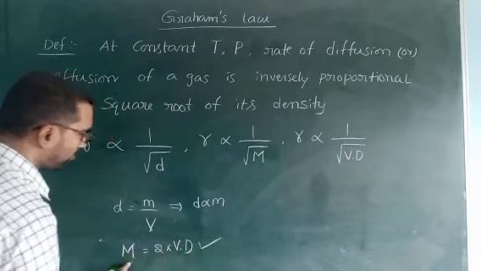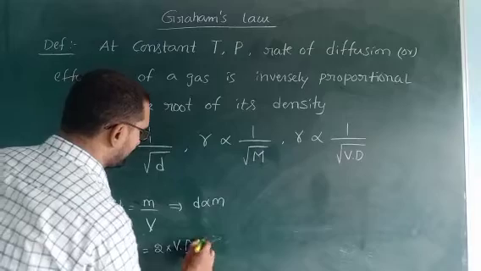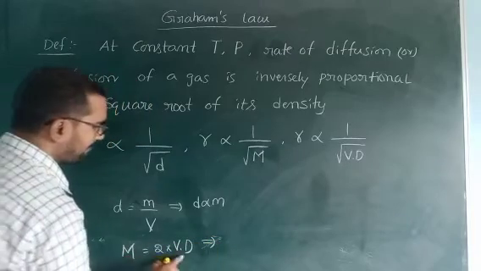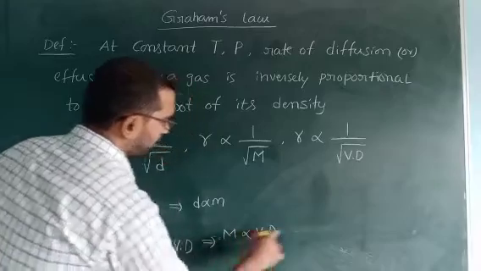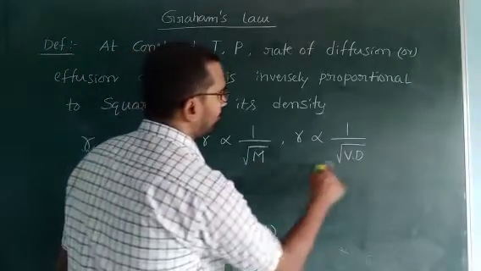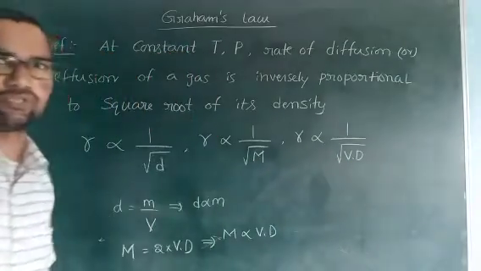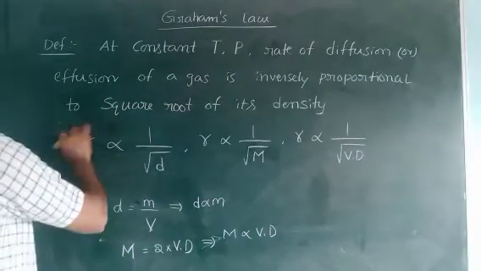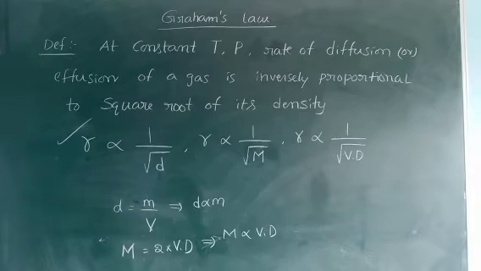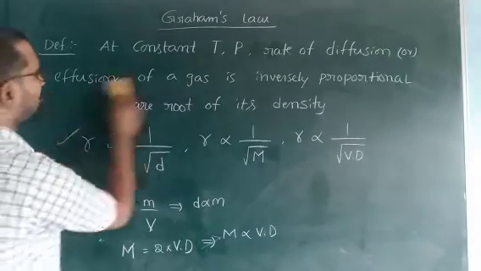So these two are also directly proportional to each other. That's why in place of M we can write vapor density also. These are the relations. Okay, ready? These 3 formulas are important. Right? Completed. Now next one.